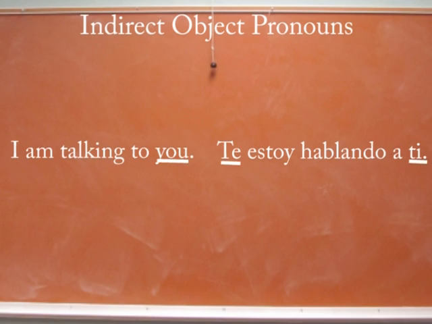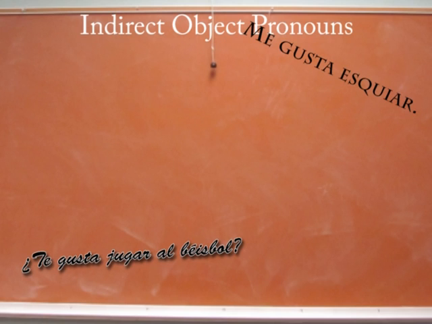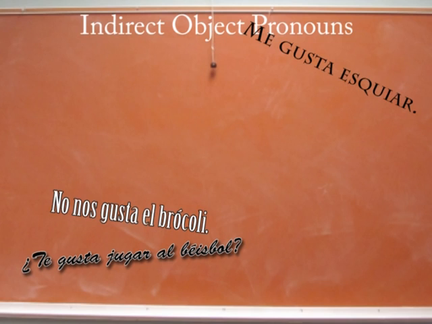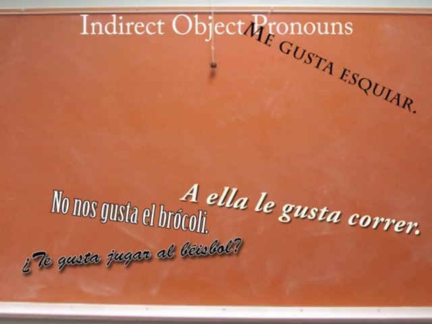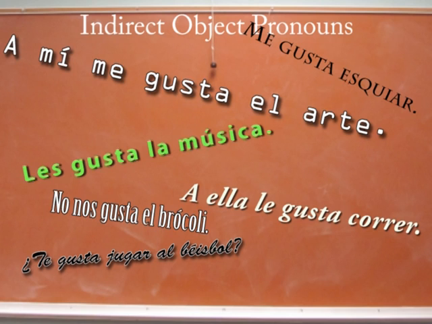An indirect object pronoun, or pronombre de complemento indirecto, is sometimes used in place of an indirect object. You already have used the indirect object pronouns with the verb gustar. They look the same as the direct object pronouns with the exception of le and les.